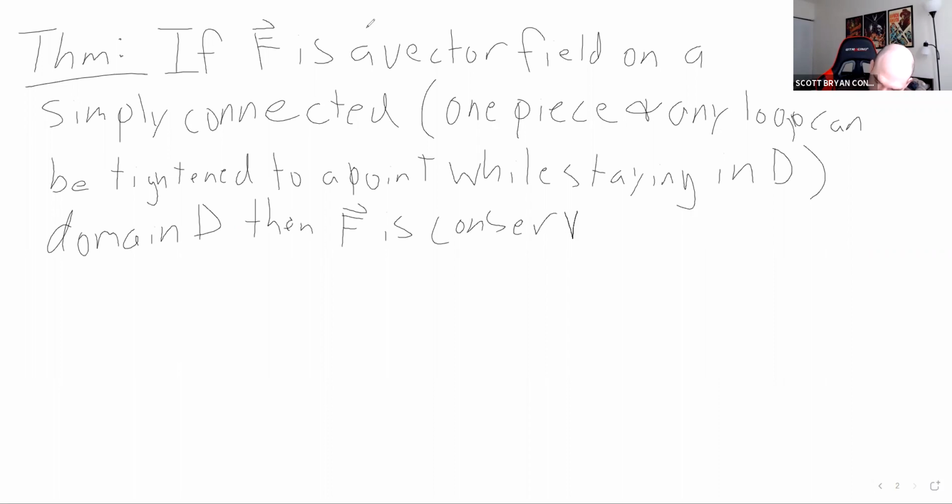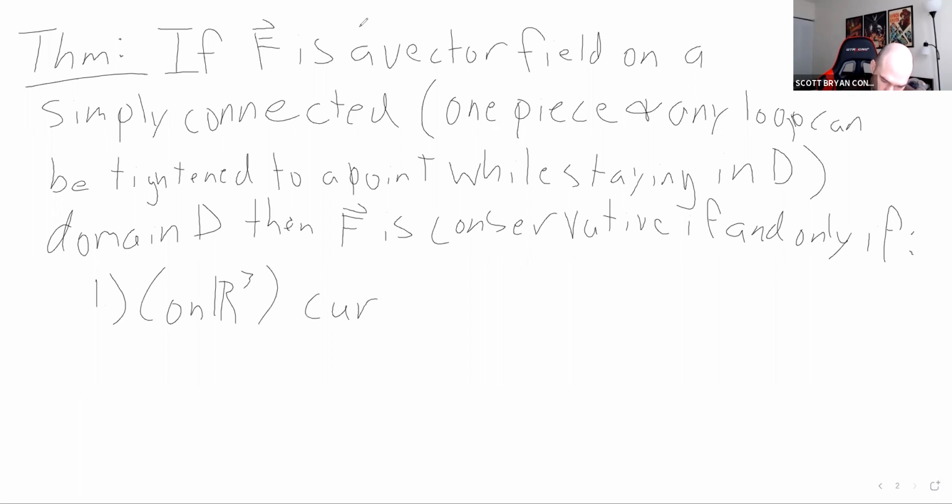So your conservative vector field if and only if, so if you're a vector field on R3, if the curl of F is 0, the 0 vector, that's how we're going to check that a vector field on R3 is conservative, is we're going to show that the curl is 0.